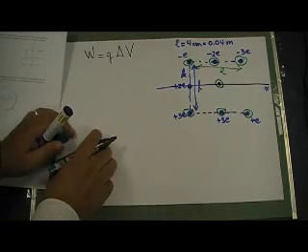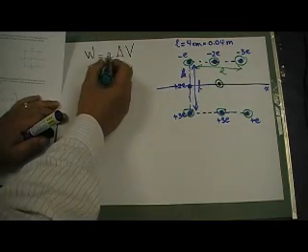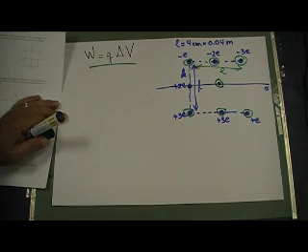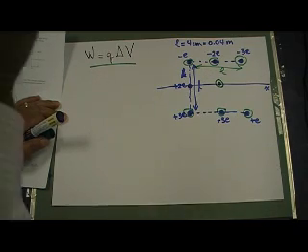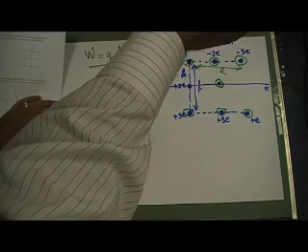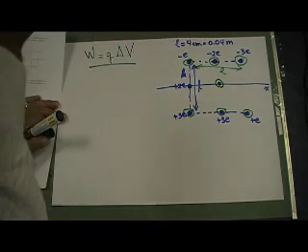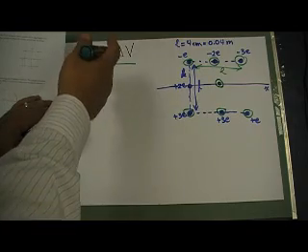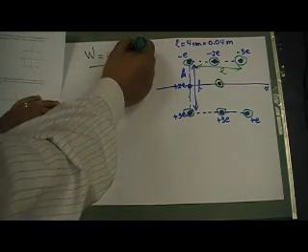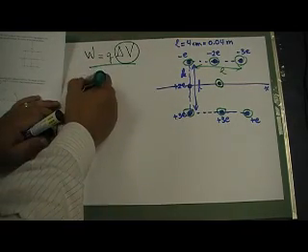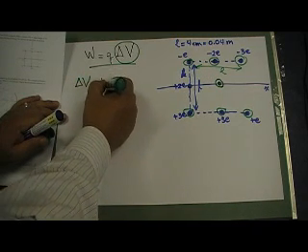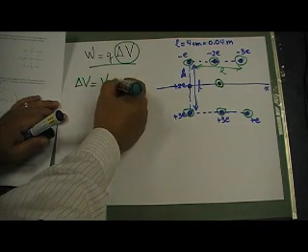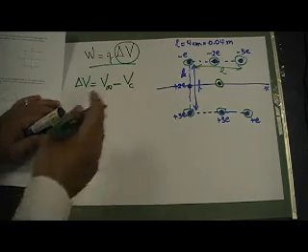You need to find the work, and work is equal to Q delta V. Now remember, you're taking it from infinity, so that's your initial point, to the final point, so it'll be minus. But never mind the minus for now. What we need to do is to calculate delta V, right? Delta V is equal to V initial, V infinity, minus V center.